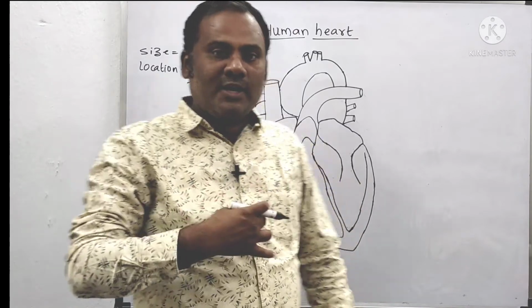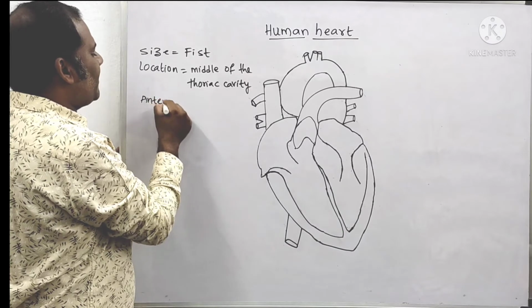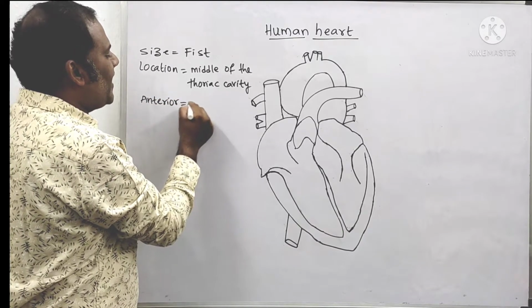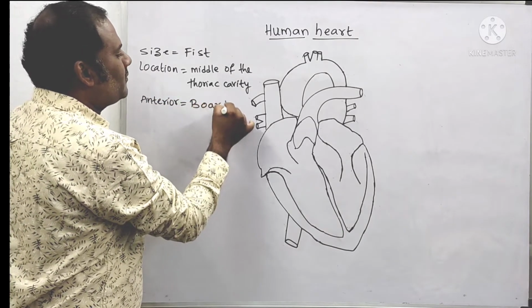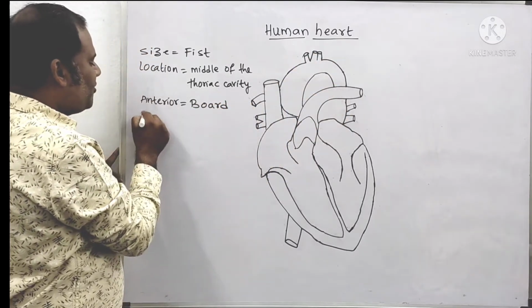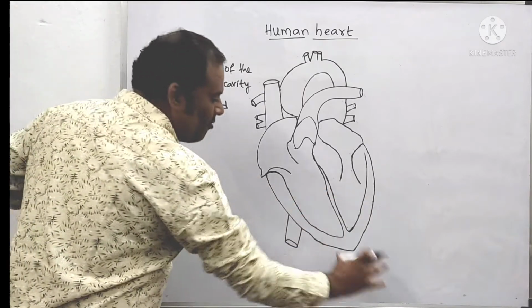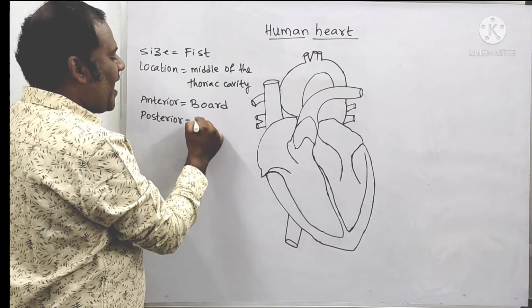First, take the anterior side. The anterior side, the upper side, is broad, whereas the posterior side, the lower side, is narrow.